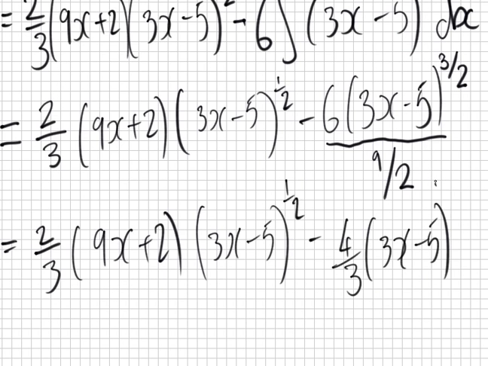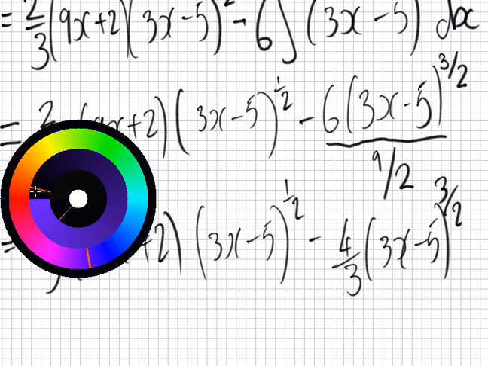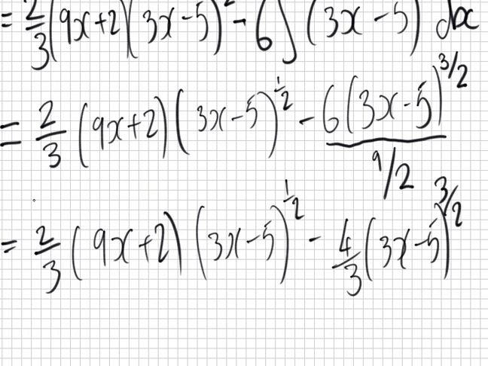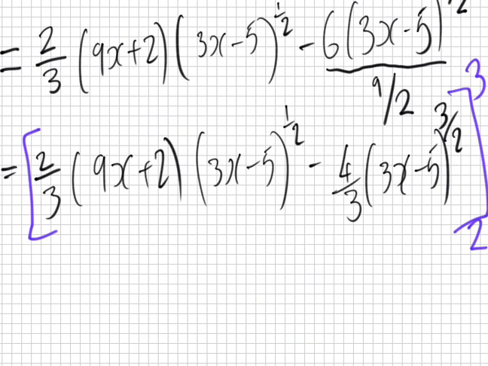Okay, so as you said, Amjad, now we can put our limits in. What are our limits here for this? 3 and 2. Alright, so calculators. 9 times 3, 27 plus 2, so that's 29.